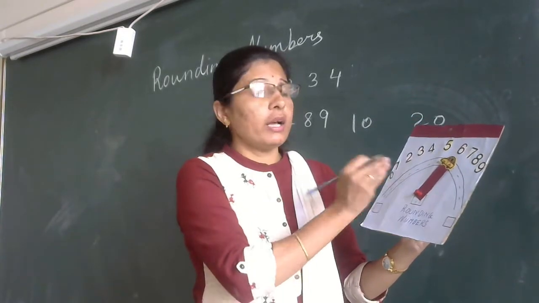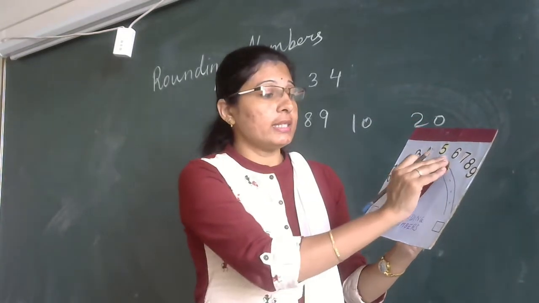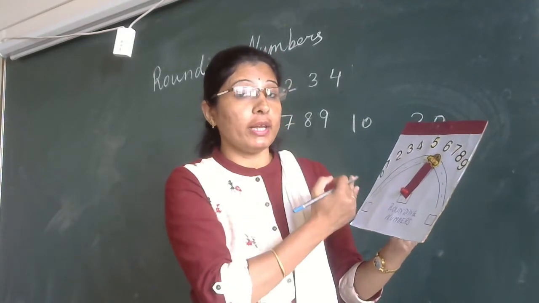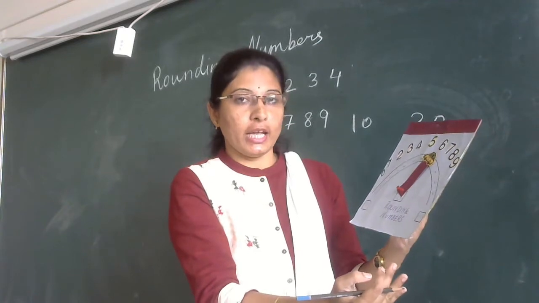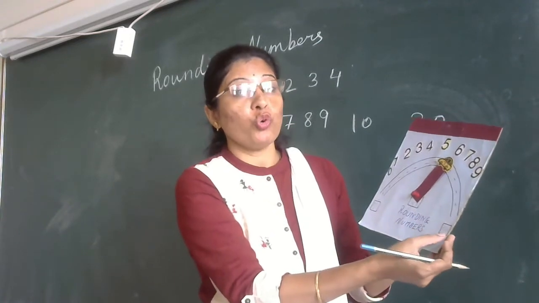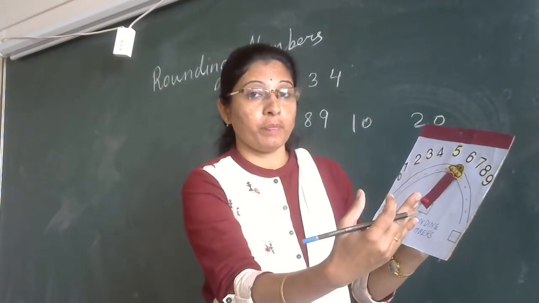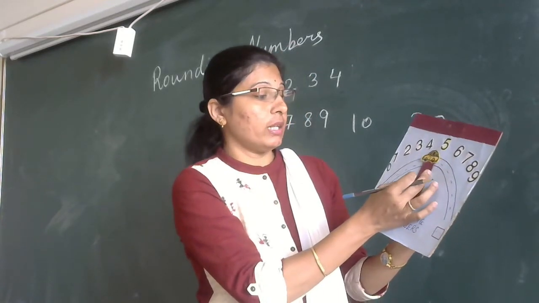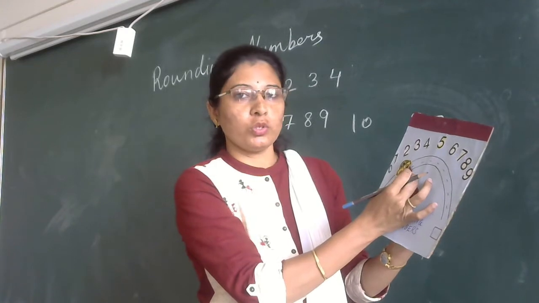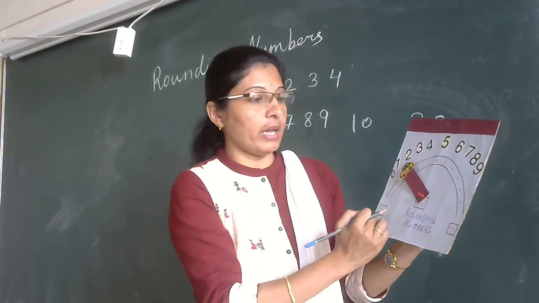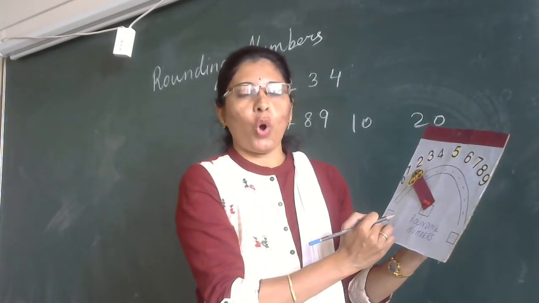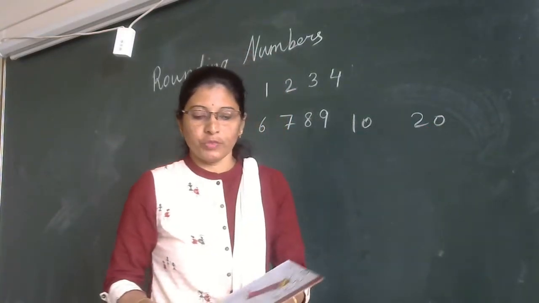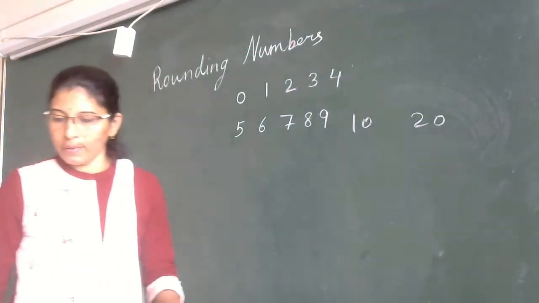So 46 is nearer to 40 or 50? It is nearer to 50, the greater number. Now if it is 42, so 42 means this will come on 2. So 2 means it is nearer to this box. Okay. So this is rounding off to tens. Okay, we'll see again some more examples.